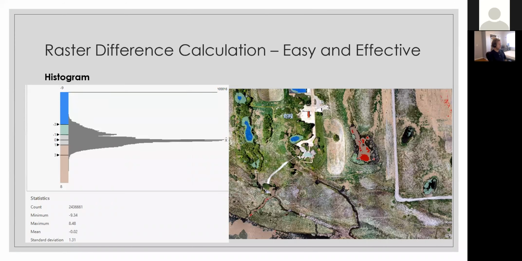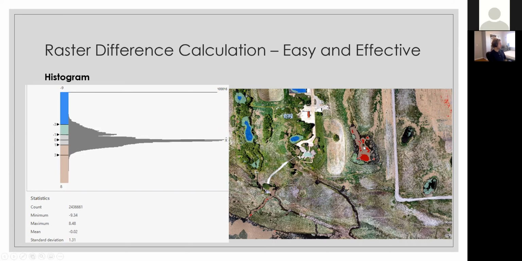So one of the first things that I did was just take my digital terrain model, my drone's DEM approximation, and just run a difference calculation, right? So just subtracted the bare earth model, or the digital terrain model raster values, from bare earth values, and then symbolized them here.